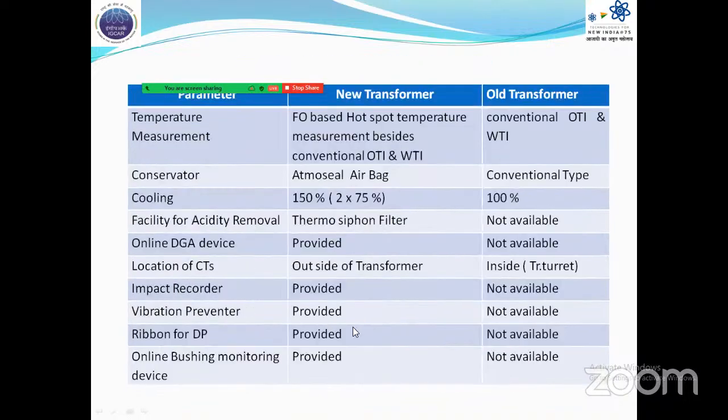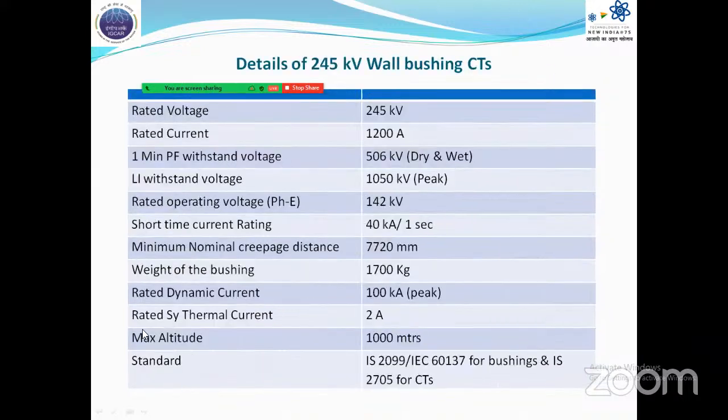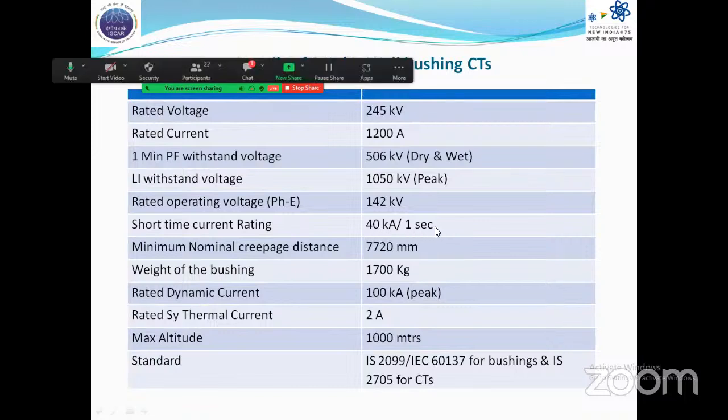So this is some information about the transformer. This is some information about wall bushings: rated voltage 245 kV, rated current 1200 ampere, 1 minute power frequency voltage 506 kV, impulse 1050 kV peak, short time current rating 40 kiloamps per 1 second. This we arrived at from the fault current of the 230 kV system.